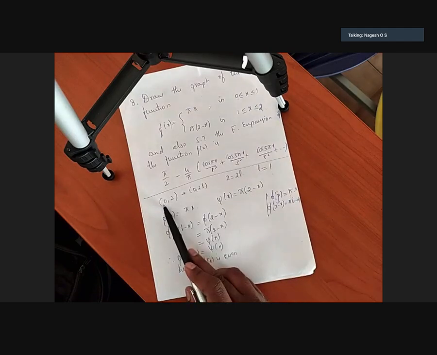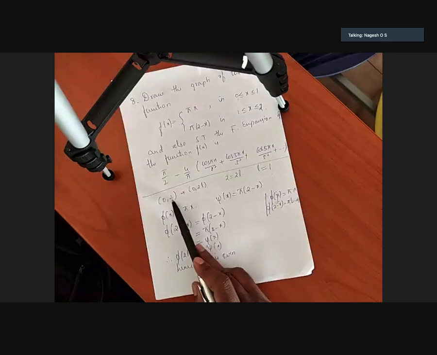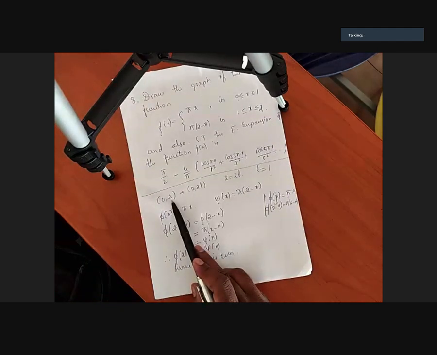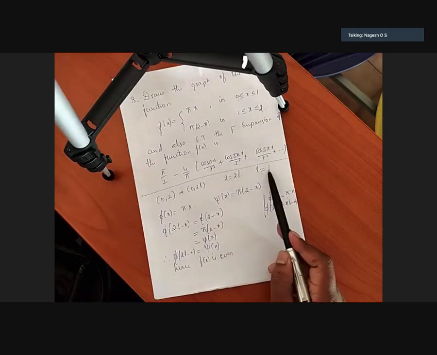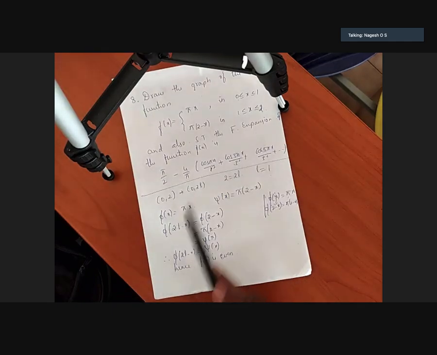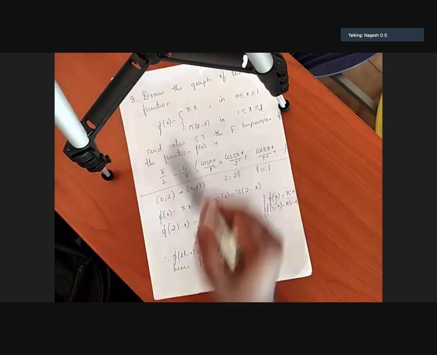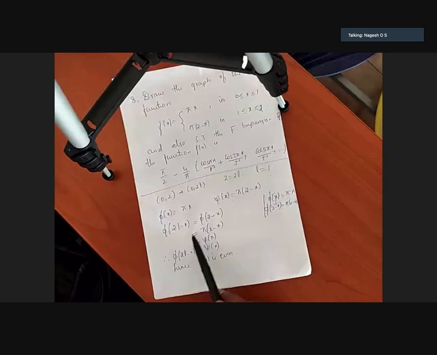The lower limit 0 is the same, and in place of 2L you have 2. Therefore, 2 equal to 2L, L equal to 1. Now, write this as phi of x, this as psi of x.